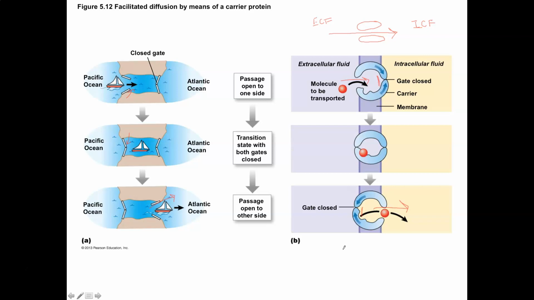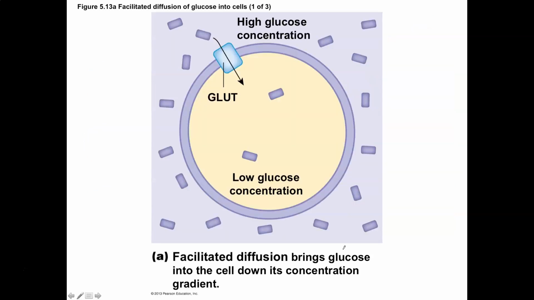Facilitated diffusion is a great example of using this concept of a carrier protein. So back to the glut transporter. The glut transporter is a good example of facilitated diffusion. What it's doing is binding glucose on one side of the membrane, in this case the extracellular fluid side.